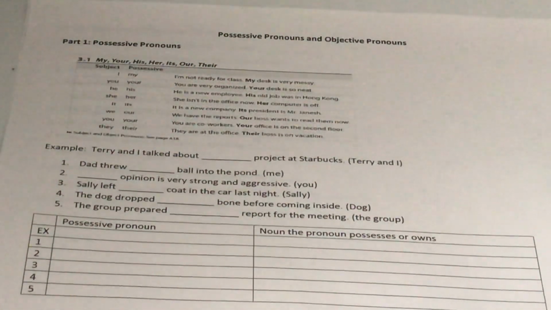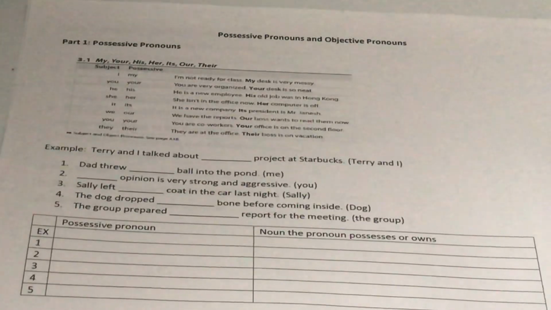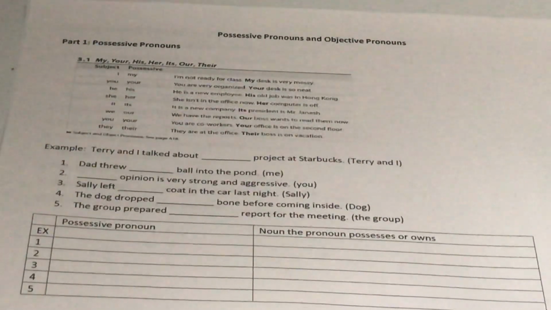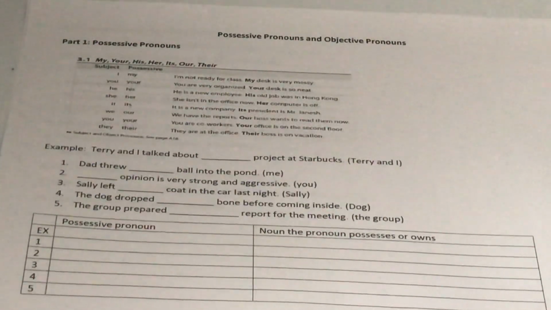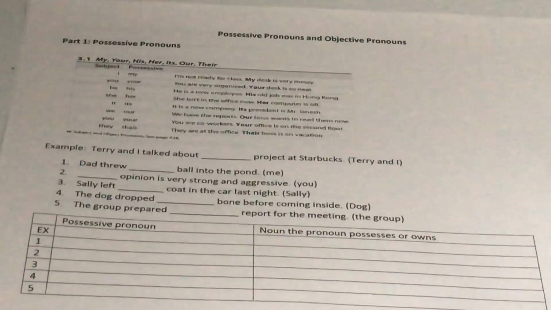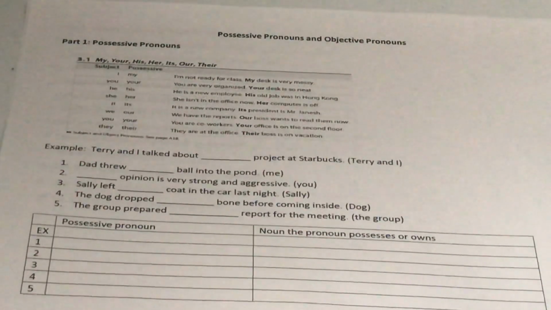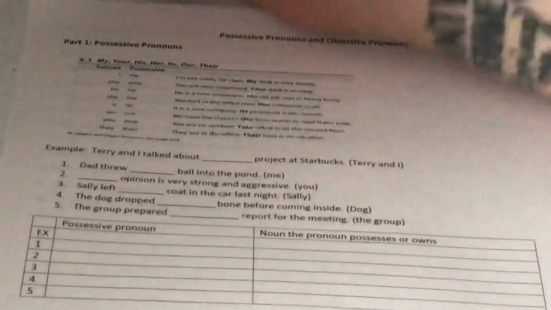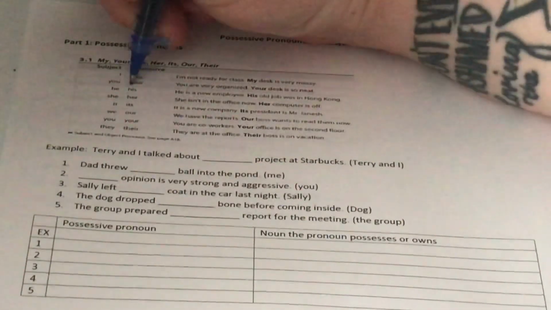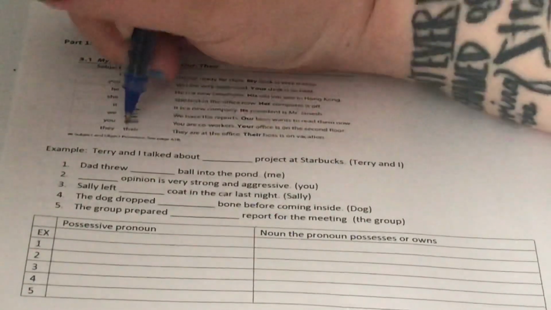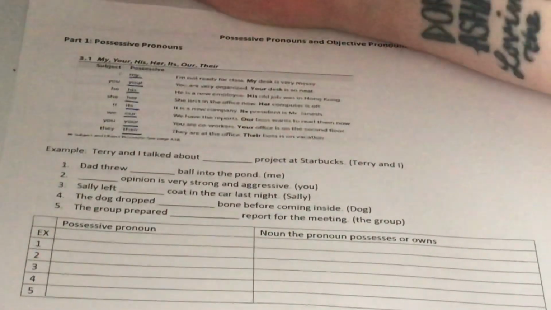Hello guys, today we're going to talk some more about possessive and objective pronouns, and specifically we're going to look at how I know if I have a possessive pronoun or an objective pronoun. So we're going to start by reviewing what possessive pronouns are. Remember, that's my, your, his, her, its, our, your, their.